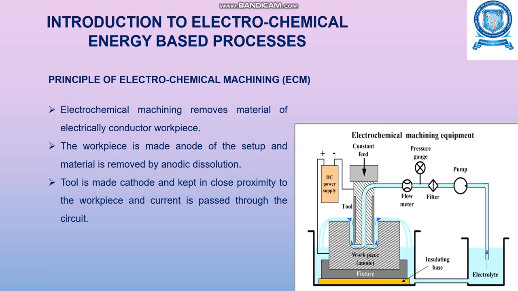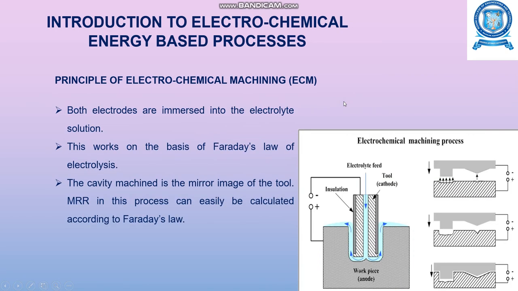So this tool, the constant feed tool, is kept in close proximity to the workpiece, and now the current is passed through the circuit. Both the electrodes are immersed in an electrolyte solution.